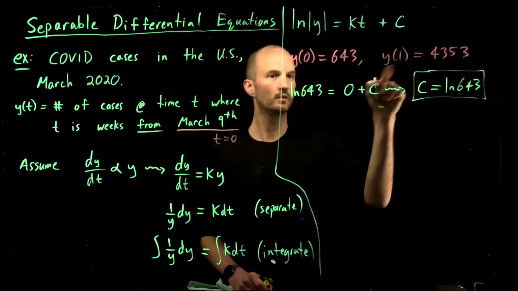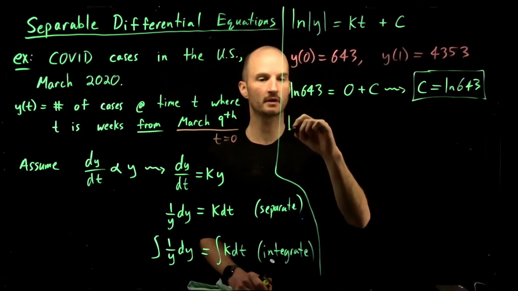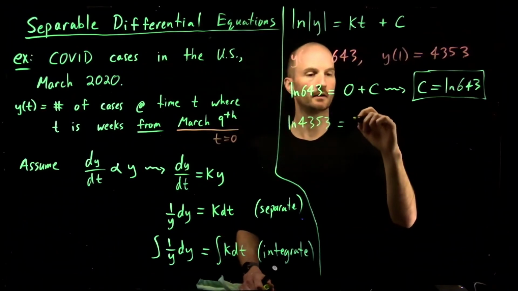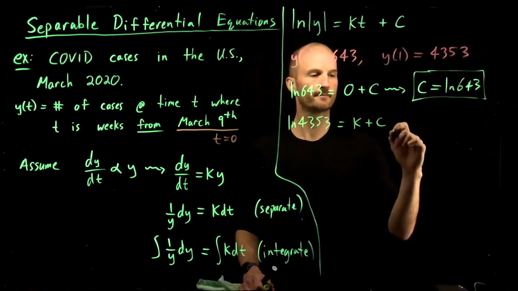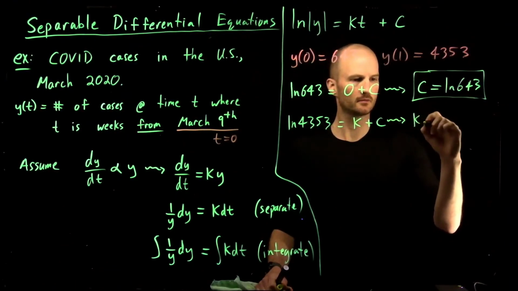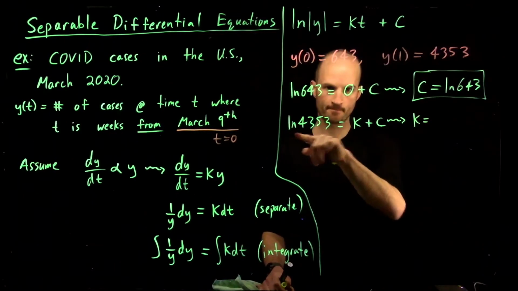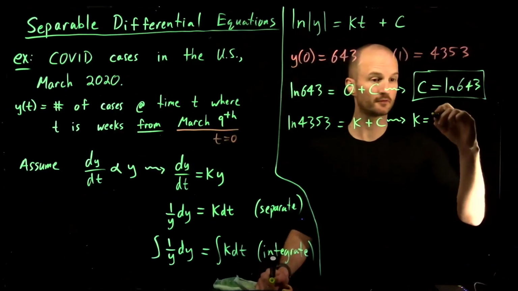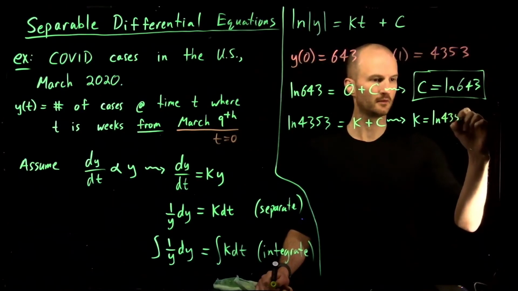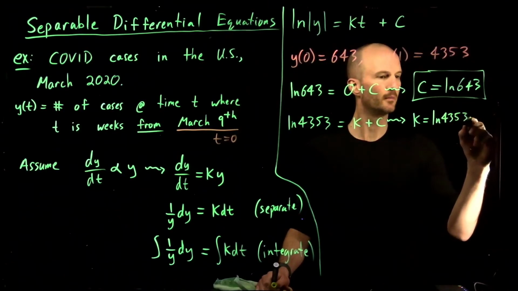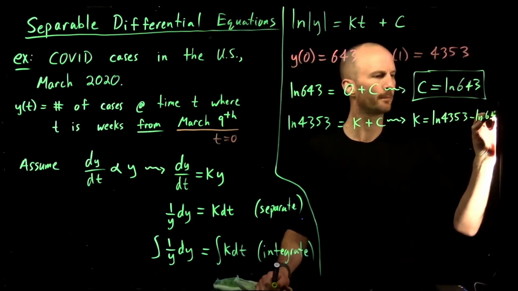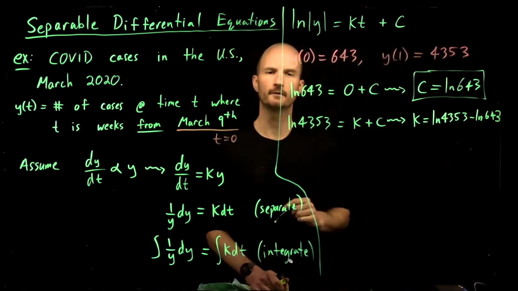And then when t is 1, we get ln 4353 equals k plus C. So k is equal to this guy minus C, which is given above: ln 4353 minus ln 643.